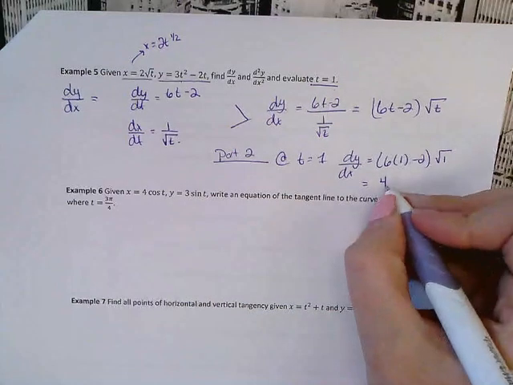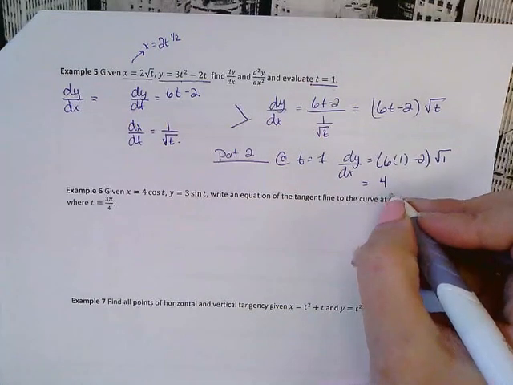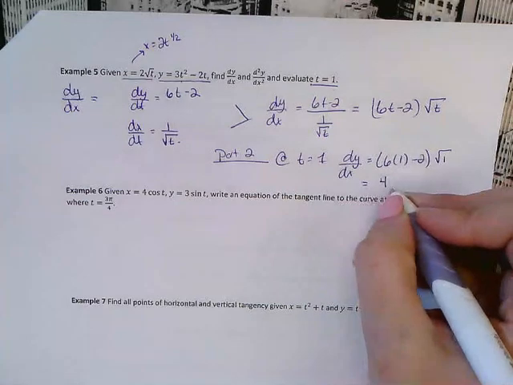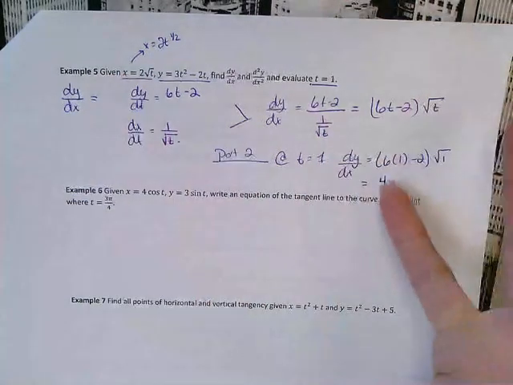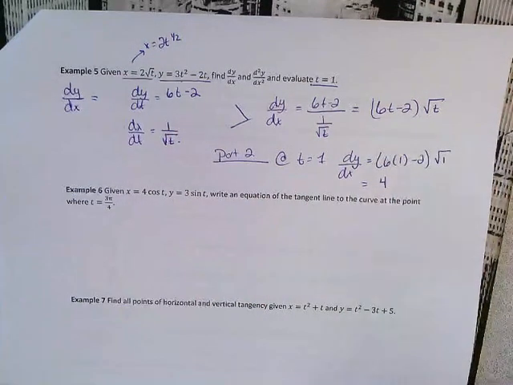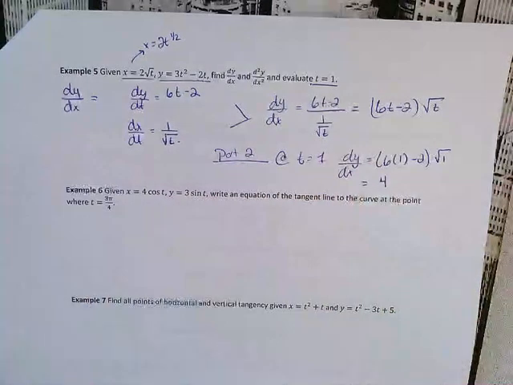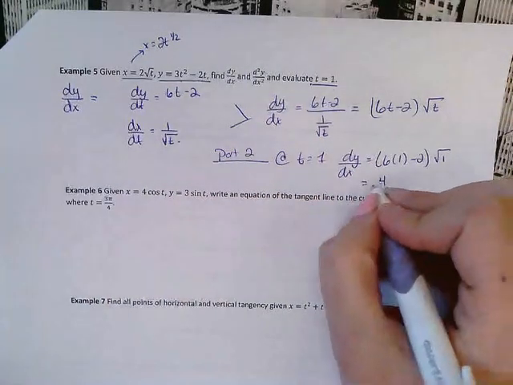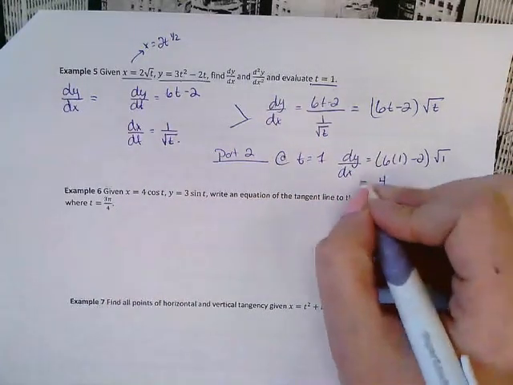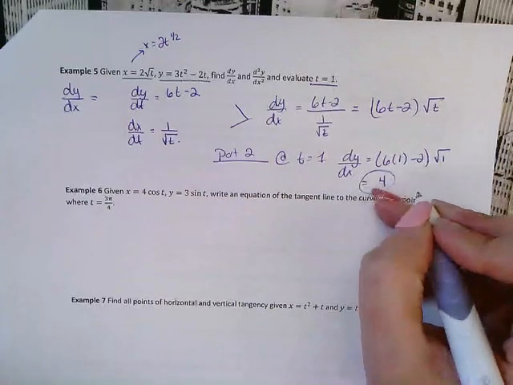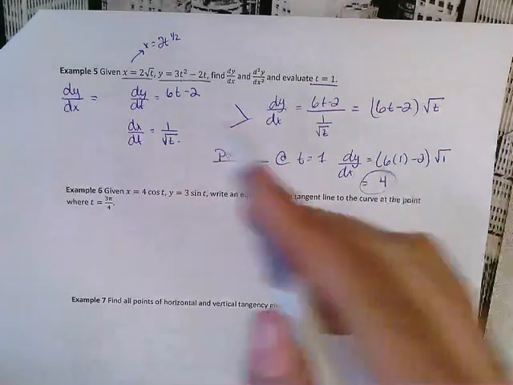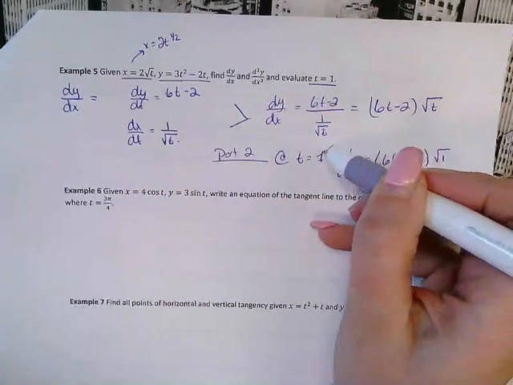So basically this is giving us the velocity. That means whatever it is, it is moving 4 units at a time. It's not a story problem, so we can't really give it a definite answer, but that is the slope of this curve at this point.